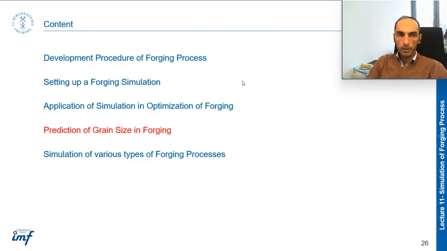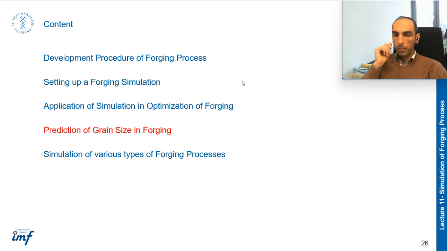Okay. And the next topic is prediction of grain size in forging. Till now, when we talked about the simulation in rolling, drawing, forging, we just predicted the state variables, just stress, strain, temperature.